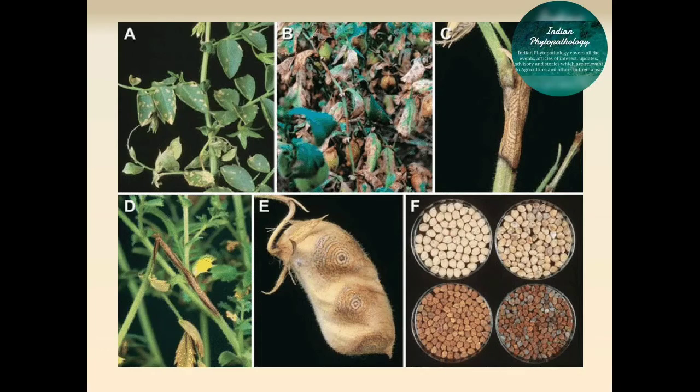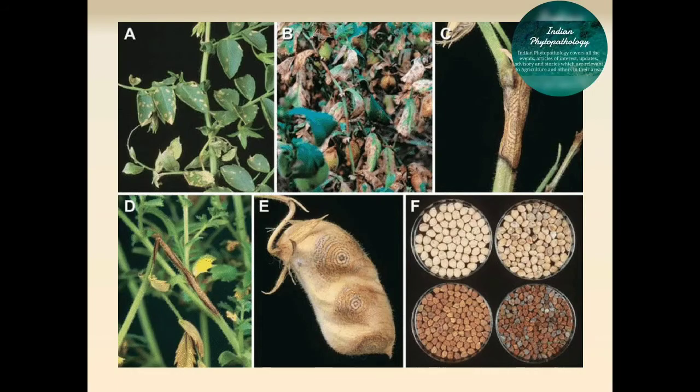Similarly, seed treatment should be done with carbendazim at the rate of 2 gram per kg of seed, and if the emergence of this disease occurs after sowing, then you can also control it by spraying with mancozeb or with wettable sulfur at the rate of 3 gram per liter of water. This is all about management of this Ascochyta blight.